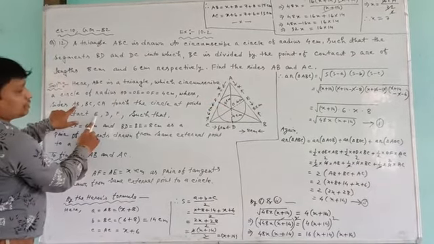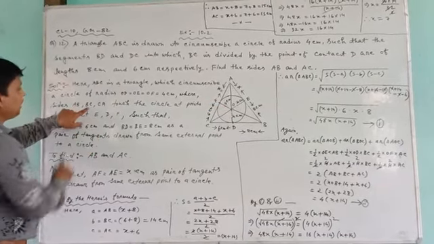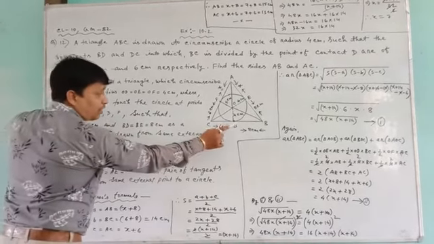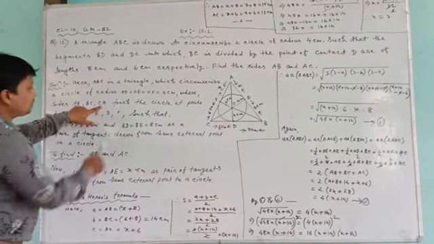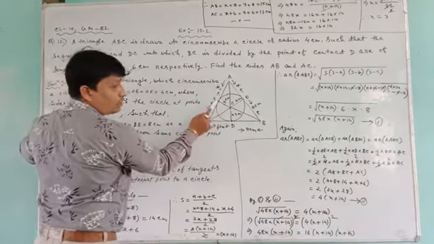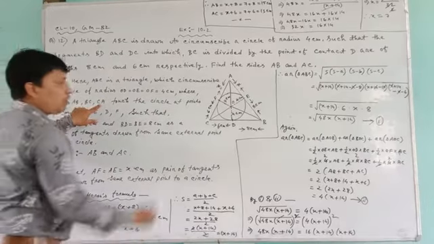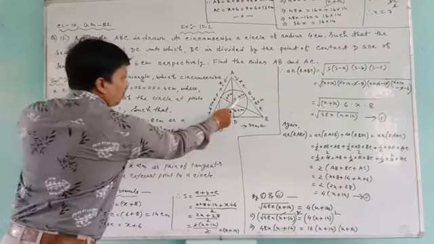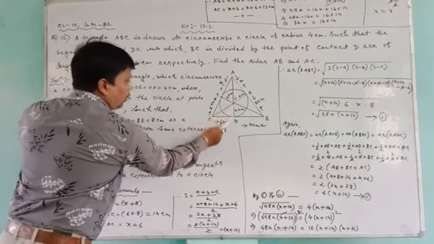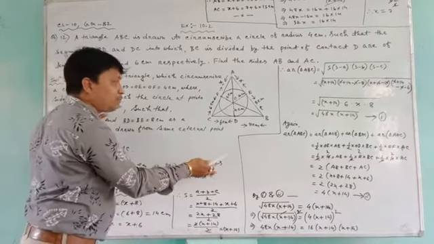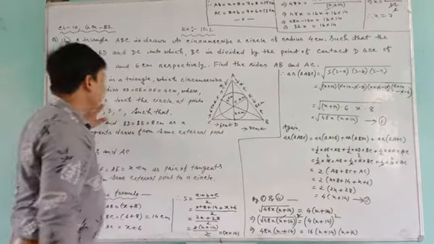AB touching the circle at point E, BC touching the circle at point D, CA touching the circle at point F. So all the touching points are written in the introduction, and OF, OE, OD are the radius of the same circle, so they are equal, and this measurement is already given. So 4, 4, 4.